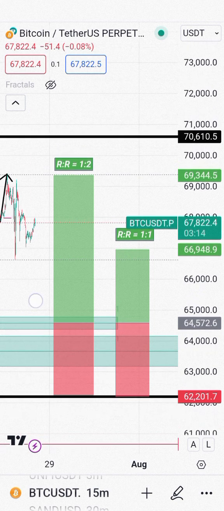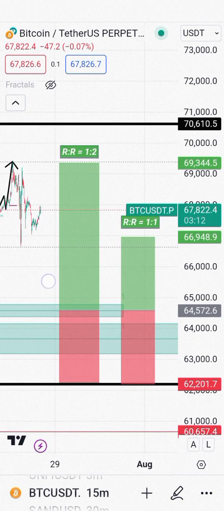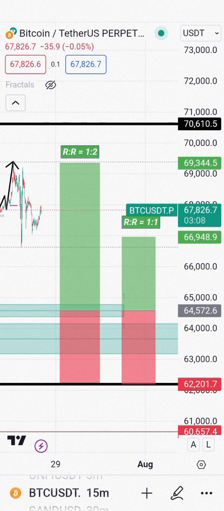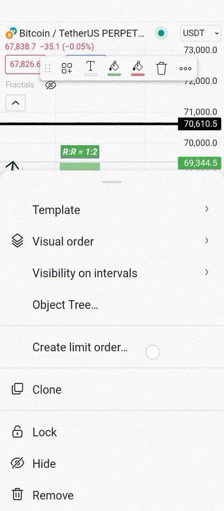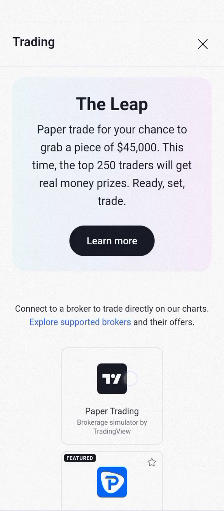So the next thing we're going to do now is to place our trade. We're going to place the trade first on this demo TradingView paper trading. So we connect the paper trading account.